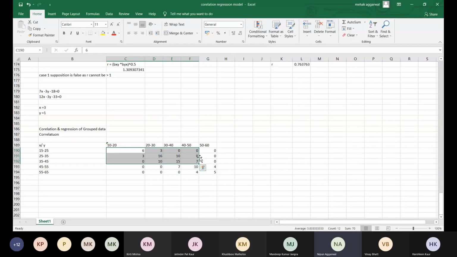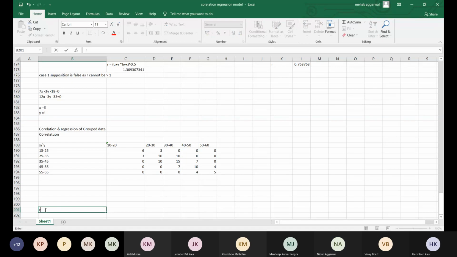Fine. So for that, what is the formula for R?